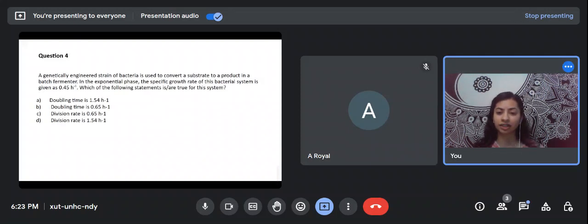And the options that you've been given are a doubling time and a division rate. Okay, so the only information that you've been given in this is that it's a batch fermenter and that the specific growth rate is 0.45. So with just the specific growth rate, we can calculate both the doubling time and the division rate, right?